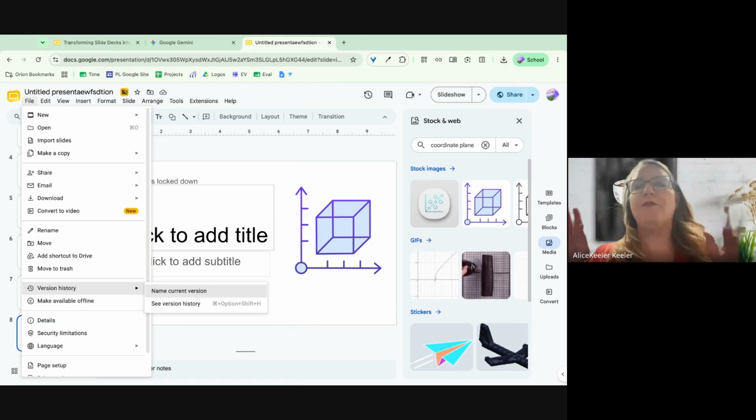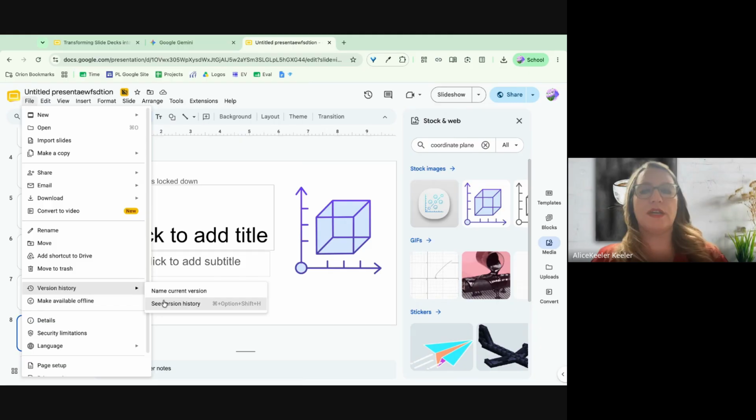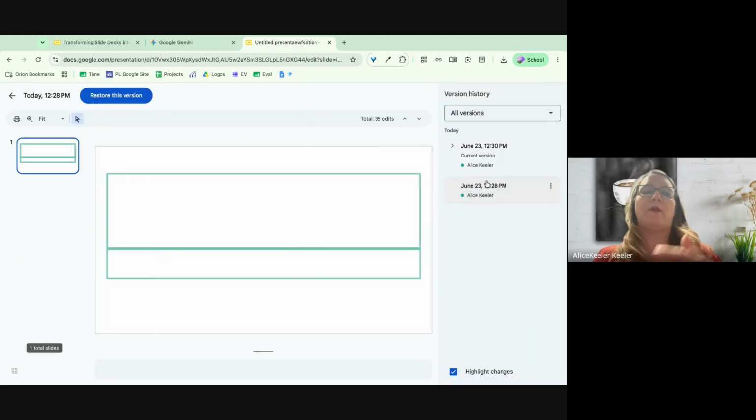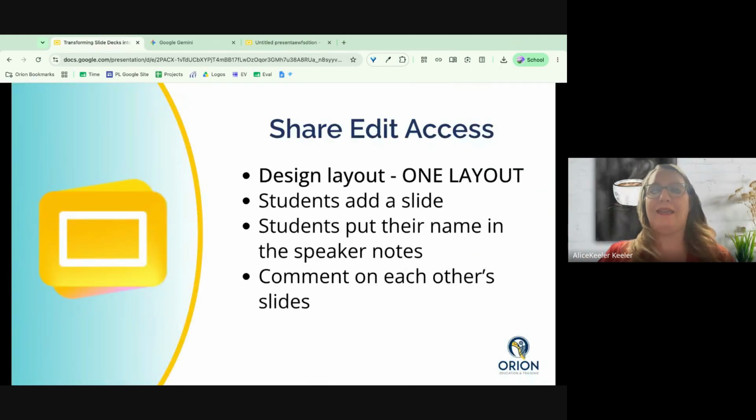So if, and I'm saying this because it happened to me, someone's got Snoop Dogg smoking something on your slide and you don't like that, I just quietly go into the version history. I see the version history and I revert it back to the way that it looked before it got messed up. So version history is really your best friend when you're using collaborative slides.